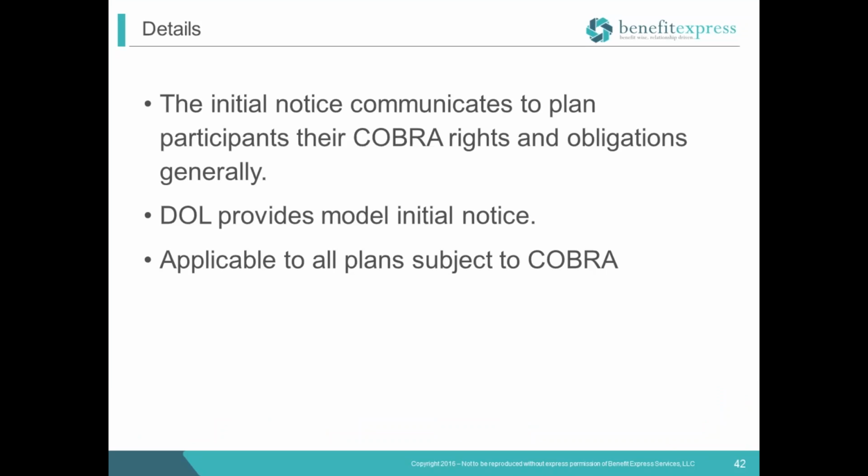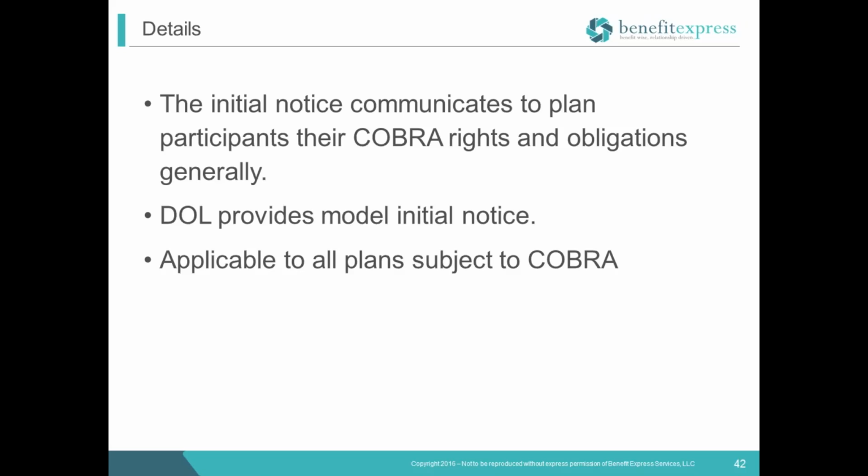Now, another important form is the COBRA initial or general notice. This is extremely important because this is a general review of COBRA. It's given out at the same time as your SPD is given out, within 90 days. And the importance of it is that it tells them what their responsibilities are under COBRA.